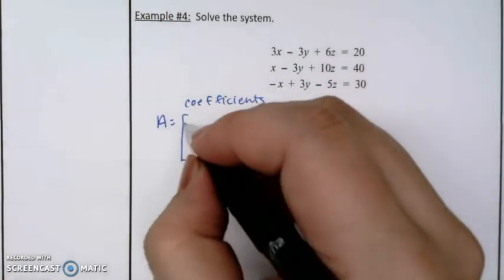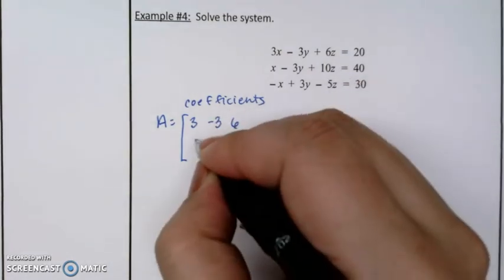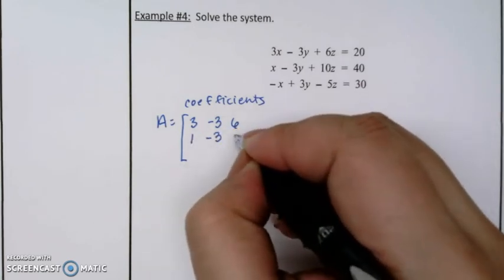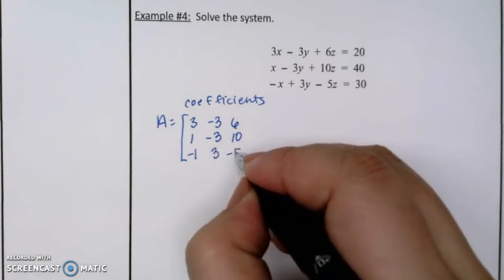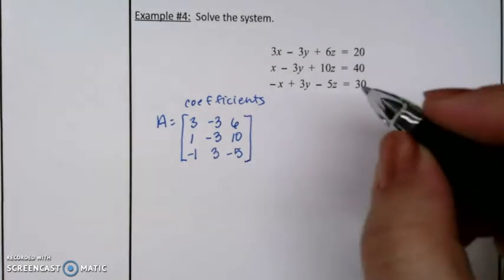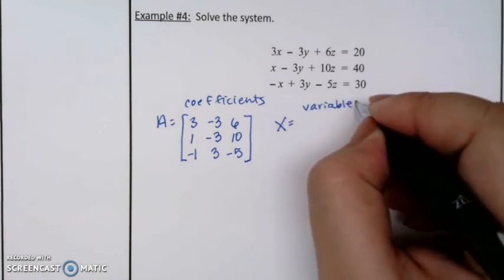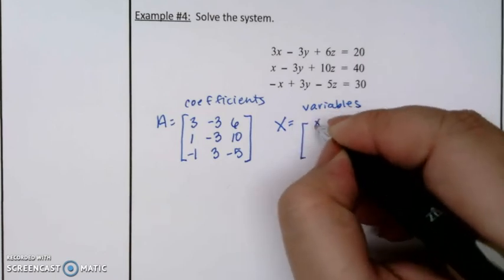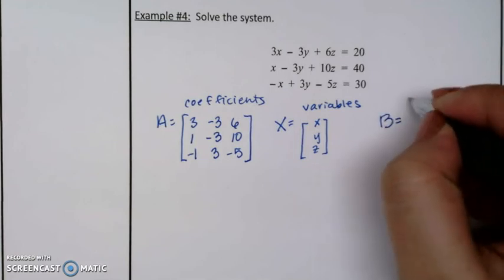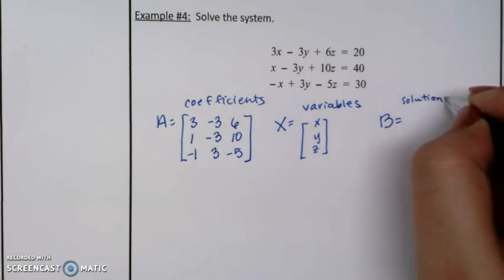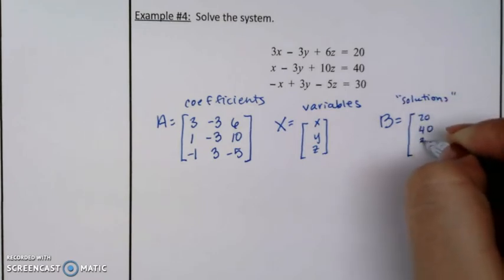So that would be 3, -3, 6, 1, -3, 10, -1, 3, -5. X is our variables. So that's x, y, z. And B is our solutions, which is 20, 40, 30.